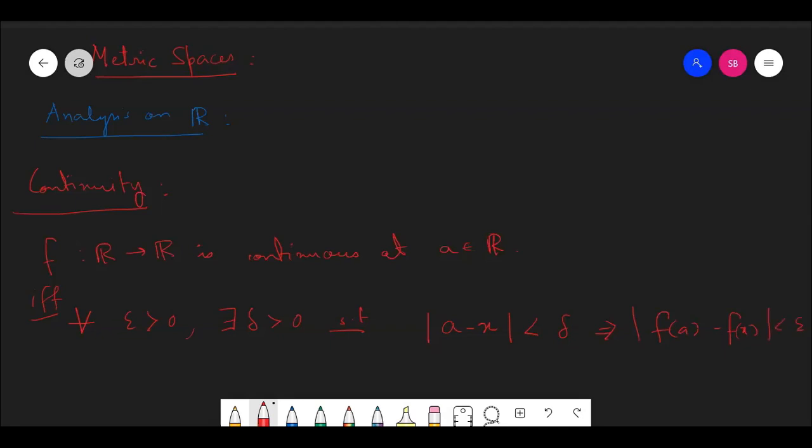So here this x can be equal to a, right? So here we are also involving the point where we are talking about the continuity.